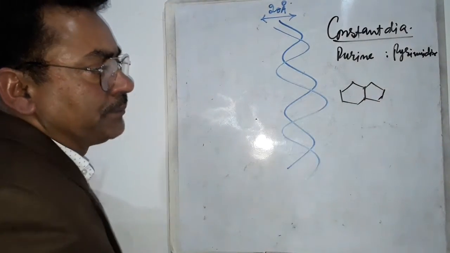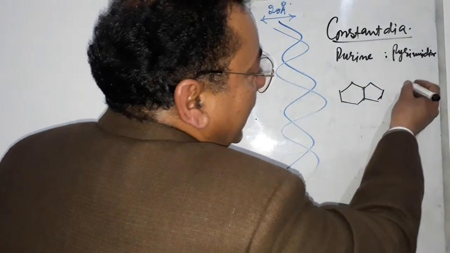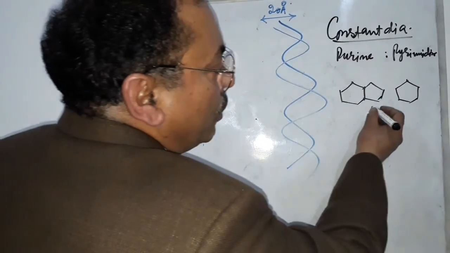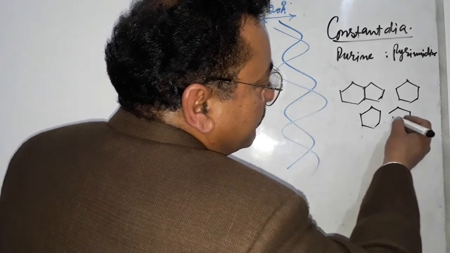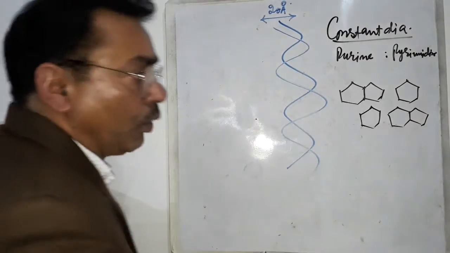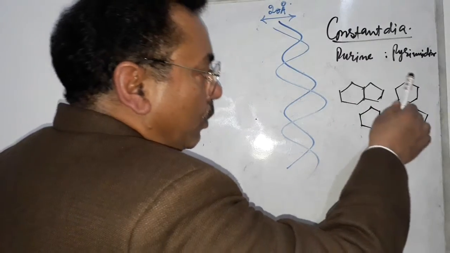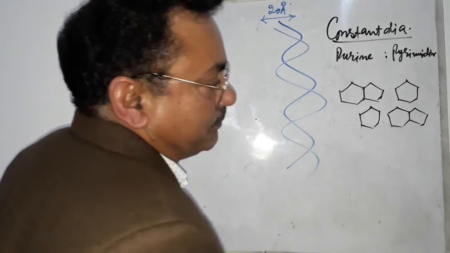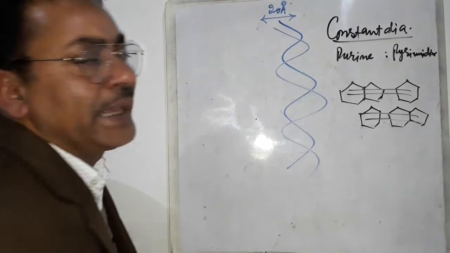So they are broader, having two rings of the atoms, whereas pyrimidines are monocyclic. So whenever a purine performs pairing with a pyrimidine, only in DNA, I mean to say a purine only pairs with a pyrimidine or a pyrimidine only pairs with a purine, the diameter remains constant. It does not vary.